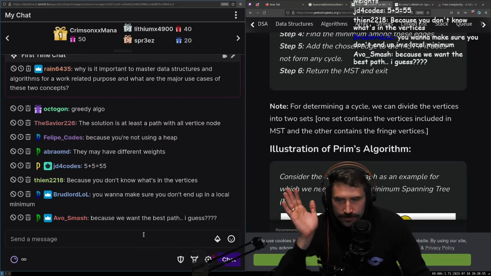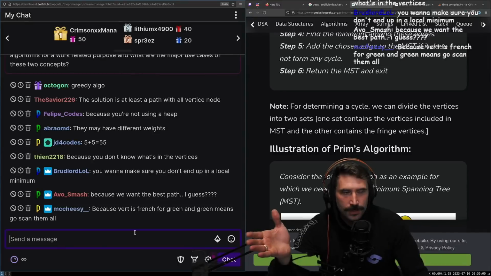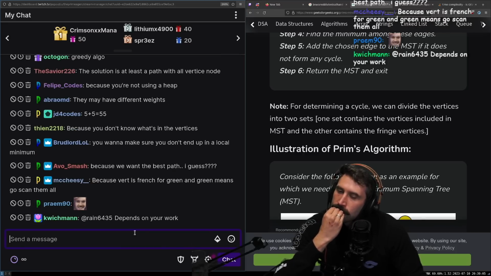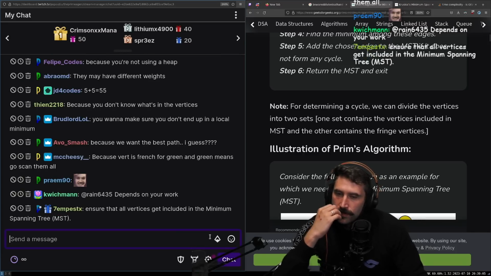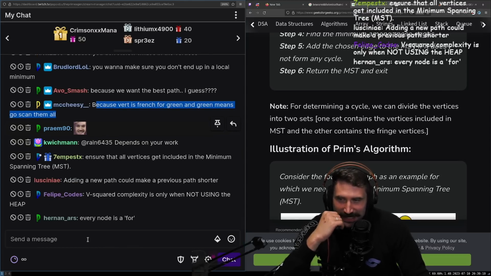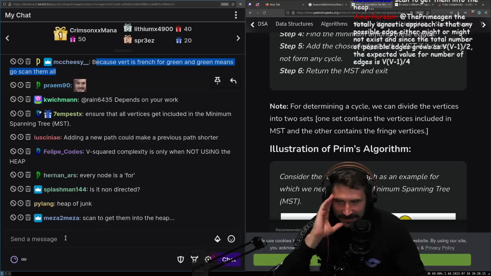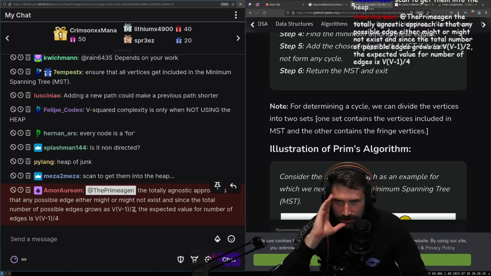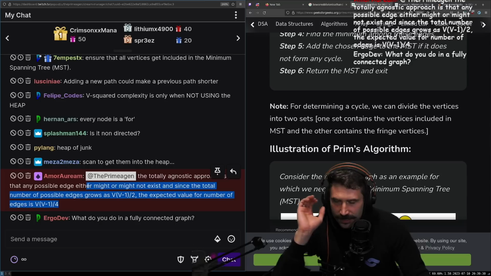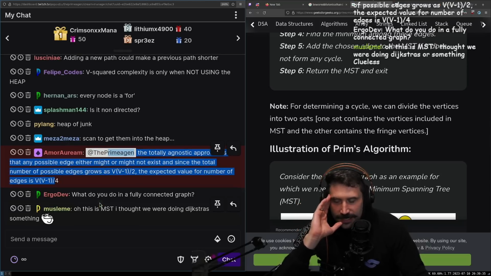So the heap... Because vert is French for green, and green means go scan them all. Every node is... you can think of it as a totally agnostic approach: any possible edge might or might not exist, and since the total number of possible edges grows like this, the expected number of edges is this. Okay, now you got me on that one.